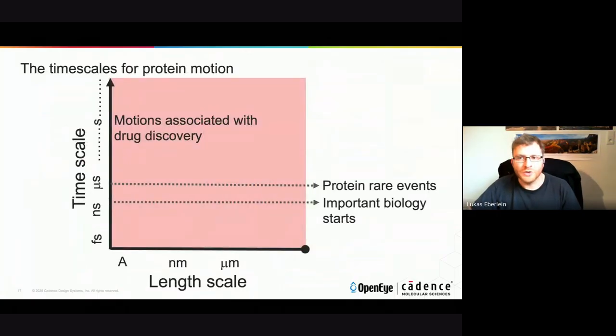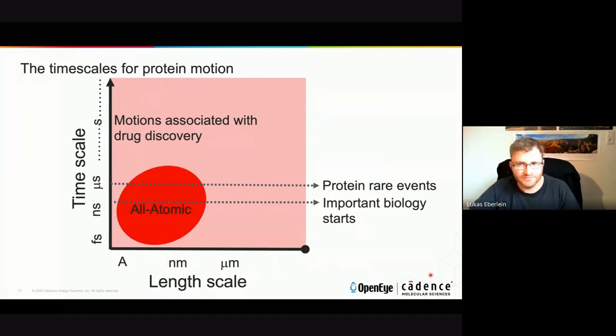One of the techniques we can use is coarse graining. Here, we have the time and length scale associated with motions important for drug design. We can again see that all atomic simulations will not help us to go to the timescales needed for some cryptic pockets to open. Coarse graining is a process of simplifying complex systems by representing them at a higher, more abstract level, focusing on large-scale behavior rather than the individual components, for example, by grouping several atoms of a chemical group into a single effective group.